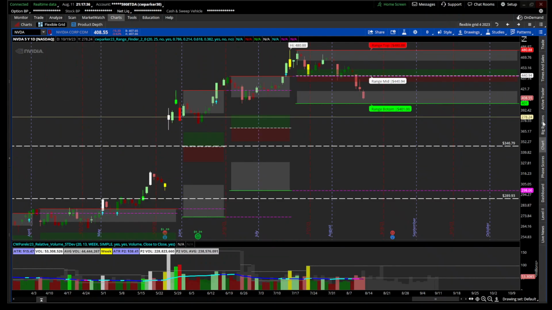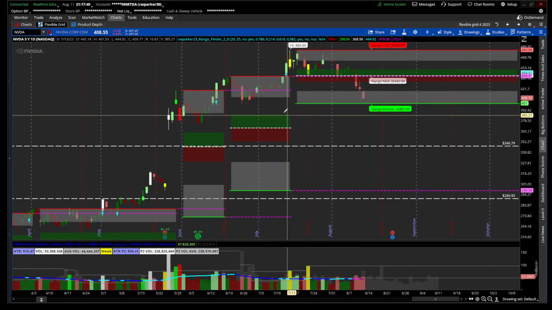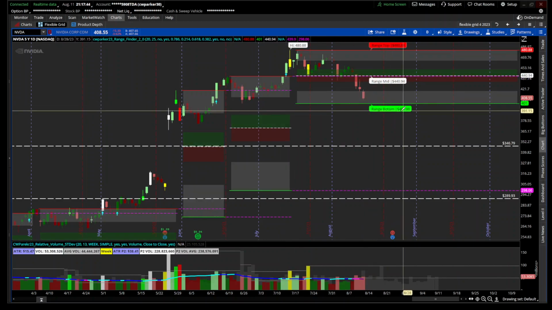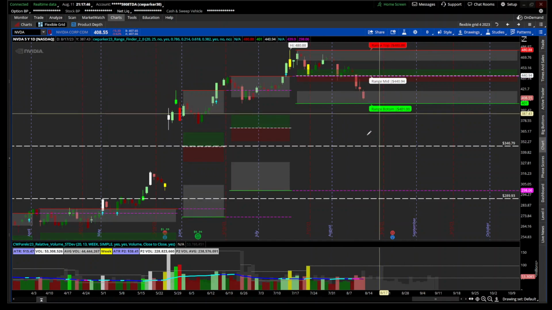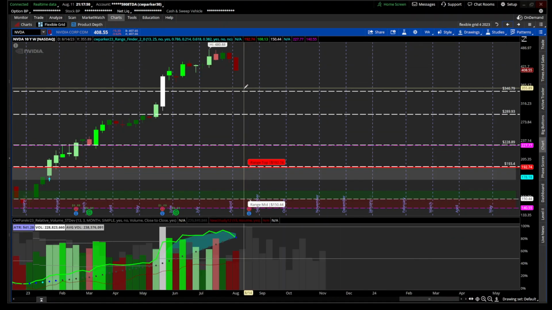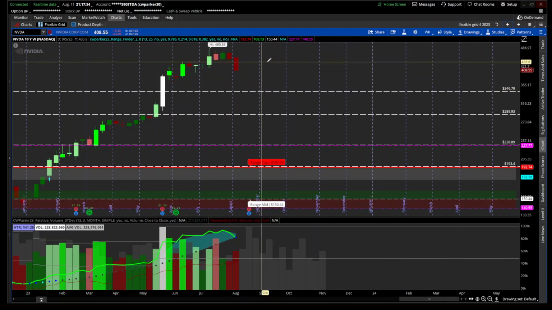And now you can say it's possibly going to pull all the way back here to the 401 level. That's what it's saying for this range bottom right here. And we go back to the weekly. So that's what we're looking at on Nvidia.